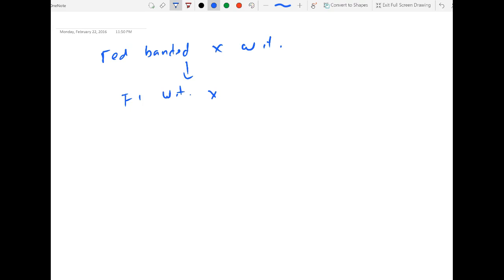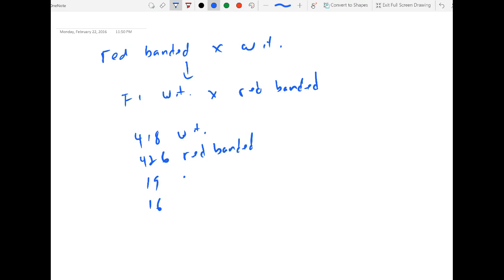Do a test cross to something that's red and banded. Then we got 418, 426, 19 and 16. And these were wild type, red and banded.